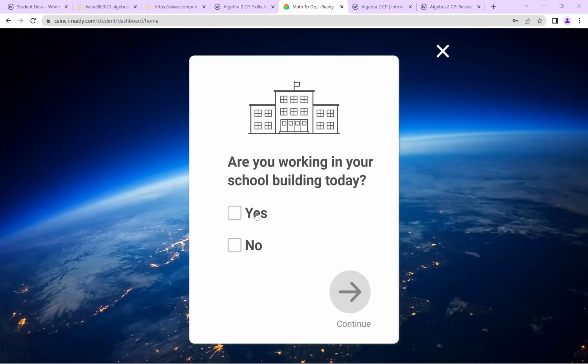So basically what happens when you take this diagnostic, I say no because I'm not in the school building, and it's going to go through a little video, which you heard earlier, but then I exited out of the page. So when you say no, then they explain to you what's going to happen and everything. While I also get the page as well, I'm going to mute myself so you don't have to hear me listening to it as well. So what do you want me to click here? No, or yes? Just click no.